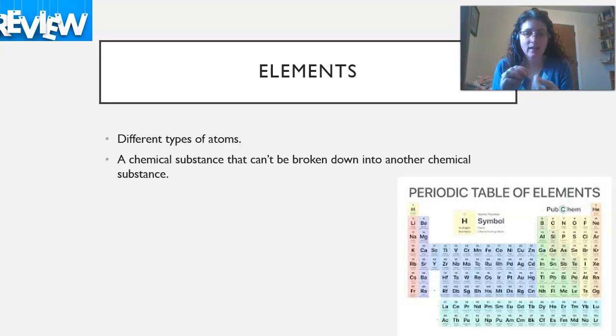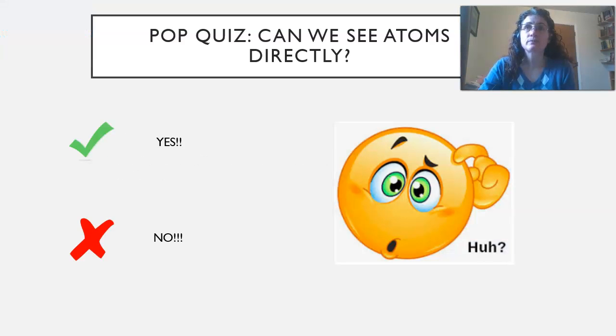Even when my fingers can't tear it apart, I still have atoms of aluminum stuck together. Those atoms are called an element because they're all the same type. So an element is made up of the same type of atoms.